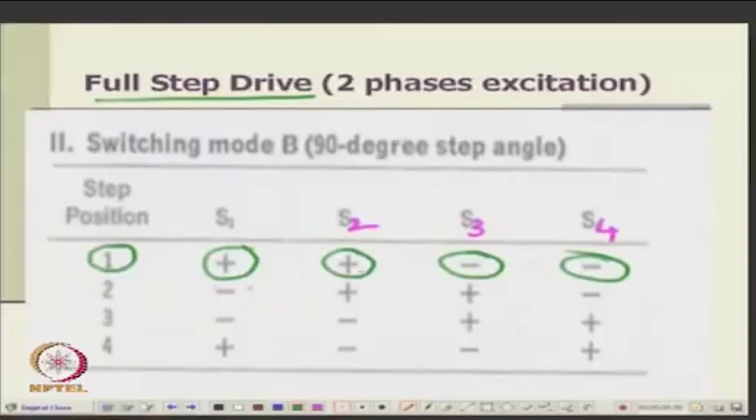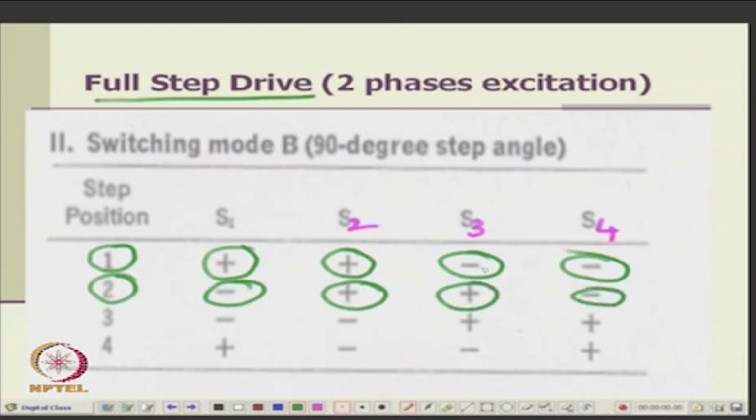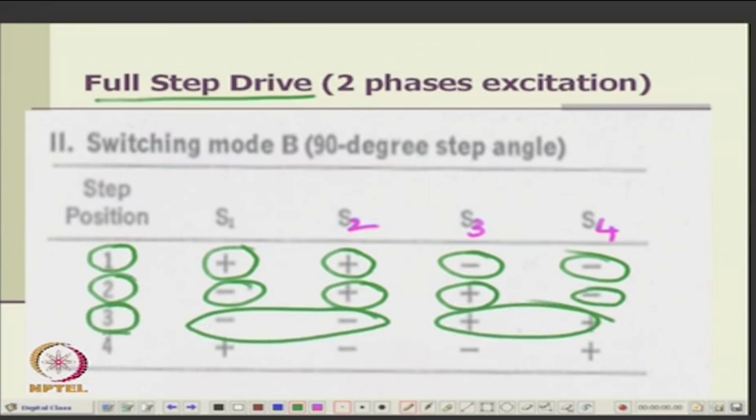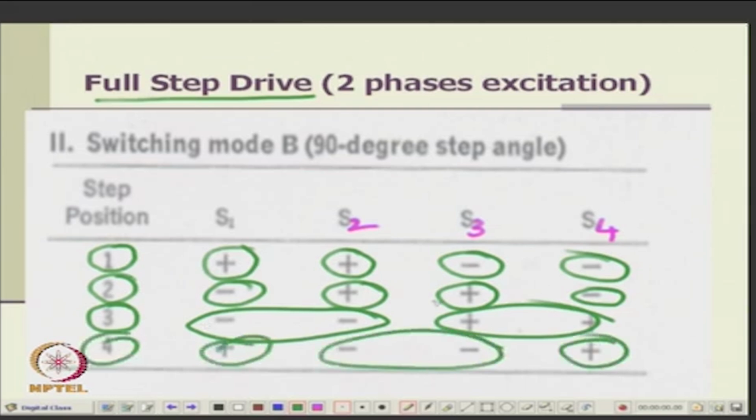So, for example, here is 90 degree excitation, that means you can excite both 2 at a time. So, here in position 2 you have this is minus, this is plus, 2 plus and 2 minus; 3, 2 minus and 2 plus; and 4, you have 1, 2 minus and 2 plus. Okay. I think it is simple logic, you can work it out without a big deal.